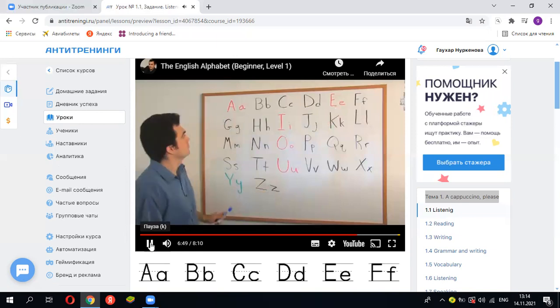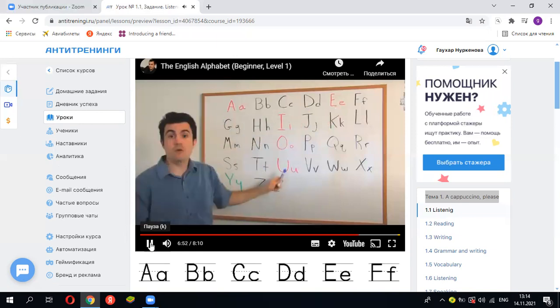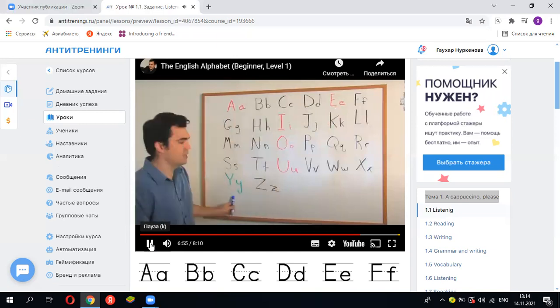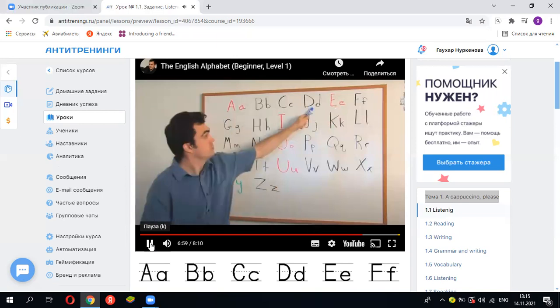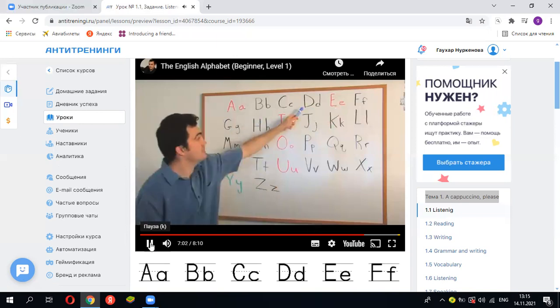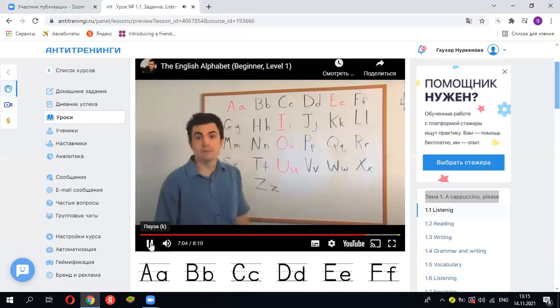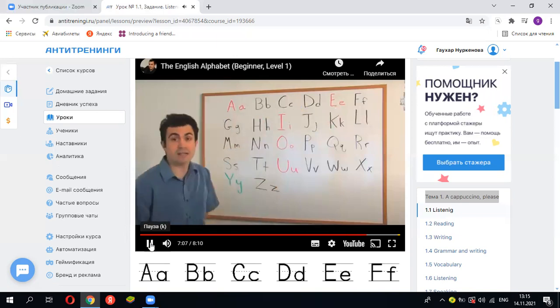So A, E, I, O, U. And sometimes Y. The letters in black, B, C, D, F, etc., are consonants.